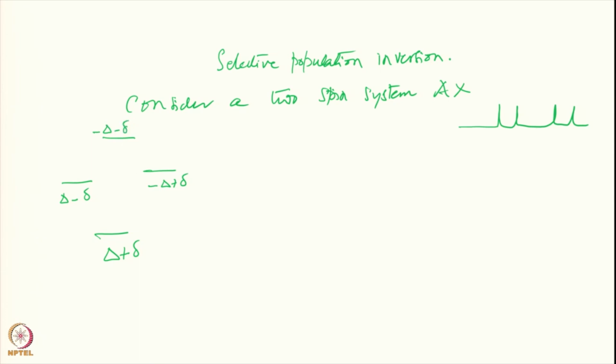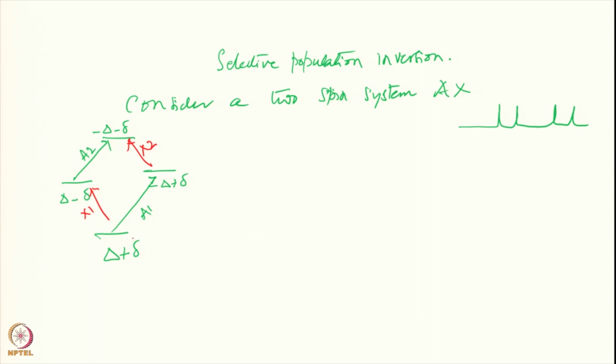Now, I call this transition A1, this transition A2, this X1 and this X2. Okay. Now, let me draw the intensities of the A transitions.